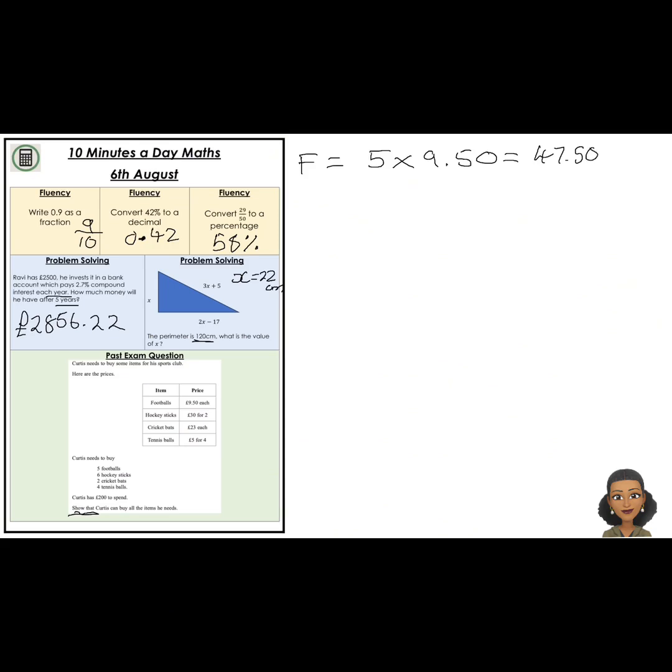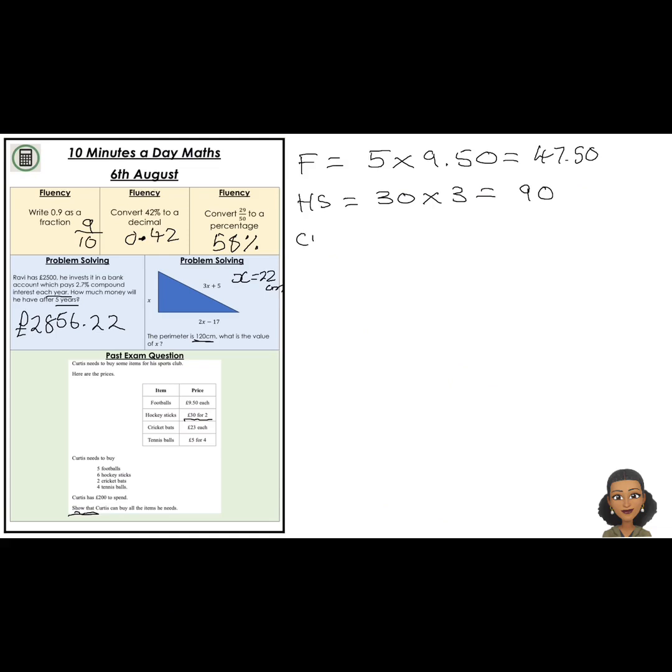Our next one is hockey sticks. And he needs 6. Well, it's £30 for 2. And 2 lots of 3 is 6. So we only need 30 times 3 sets of that, which is £90.